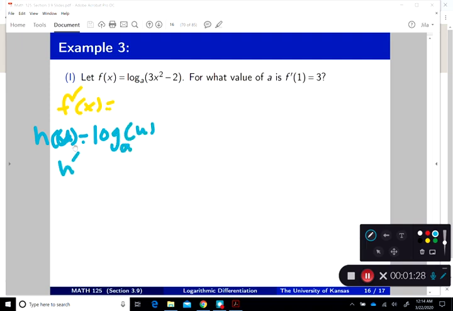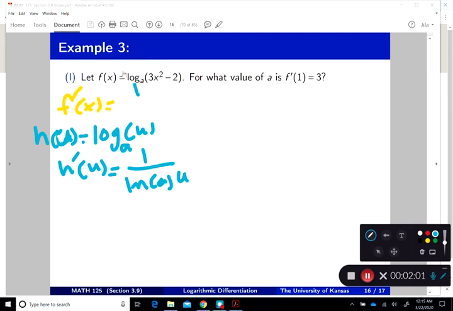The derivative of the outside function is equal to 1 over natural log of A times u. And then if I want to find the derivative of the entire thing, I have to just use this and plug in the inside in there.